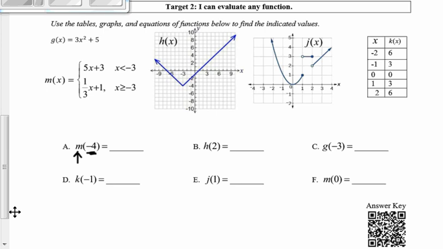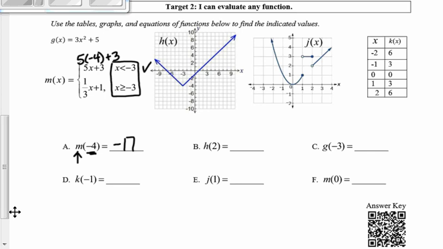So I'm looking for the m function, which is this piecewise equation. For a piecewise equation, I look at the inequalities, and I see where our input value of -4 makes a true statement. -4 is less than -3, so I'm going to plug in a -4 to this top equation. So that would give me -20 plus 3, which is -17.